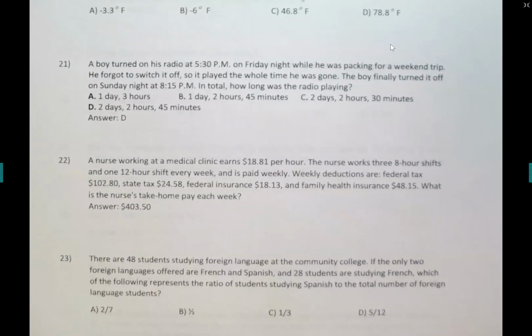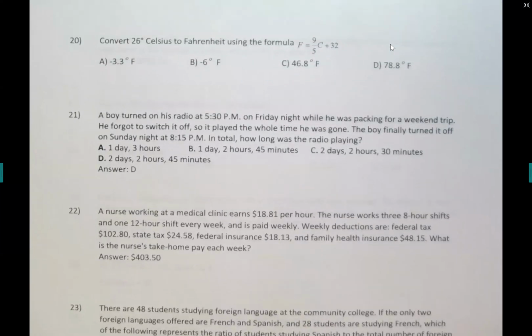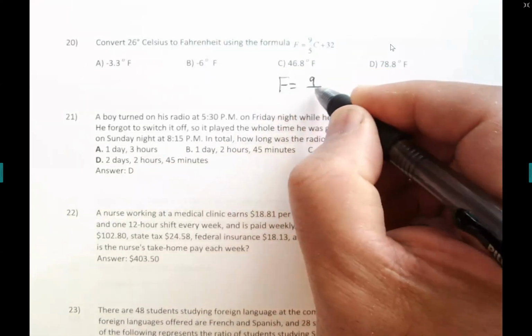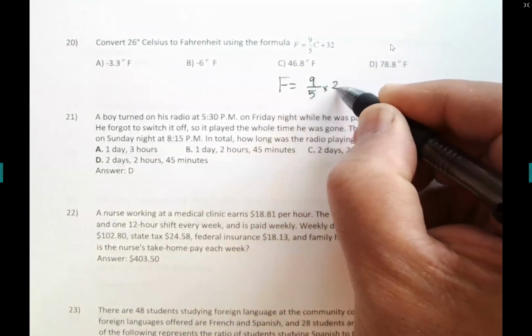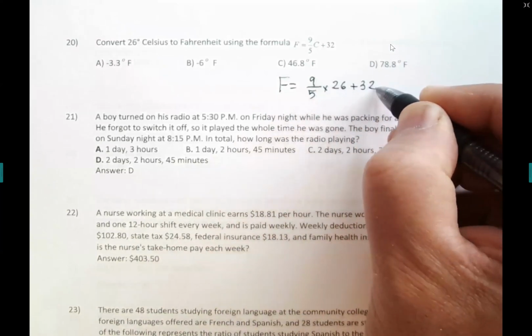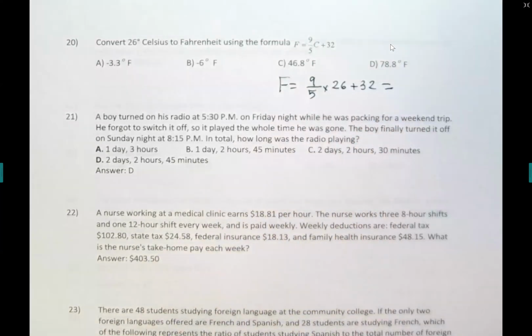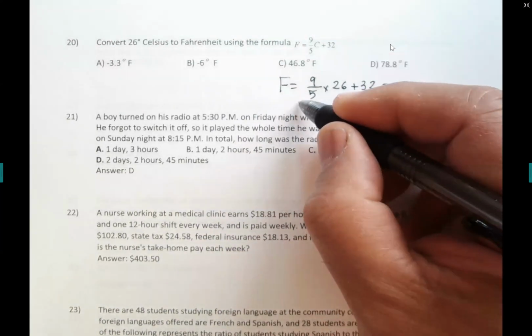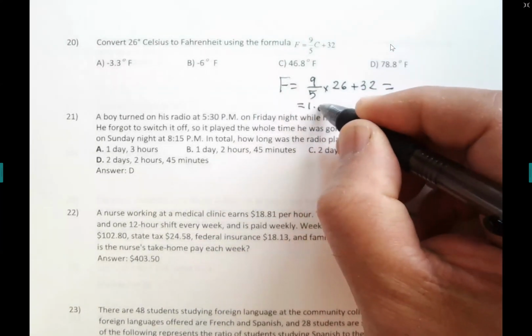Convert 26 degrees Celsius to Fahrenheit using the formula F equals. Yeah, you might be provided with the formula here because I assume not all people know this formula. So you just plug in here. F is 9 over 5 times 26 plus 32. Since you're doing this one operation at a time, if I were you guys, I'd just divide 9 by 5 first. So you get 1.8.